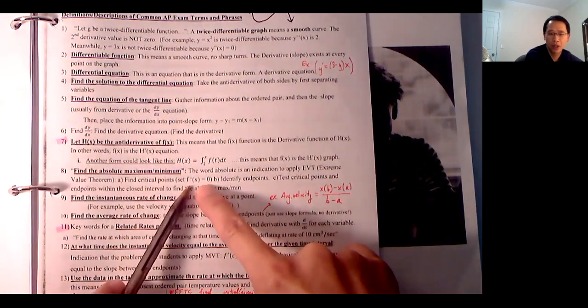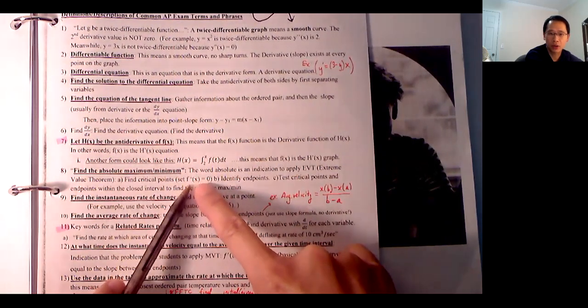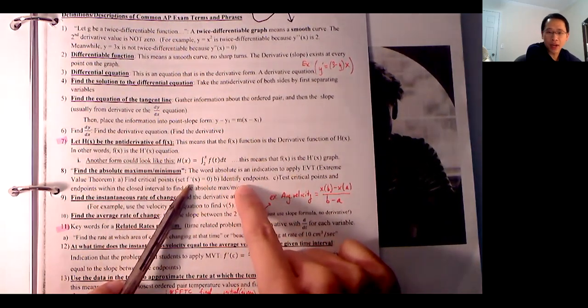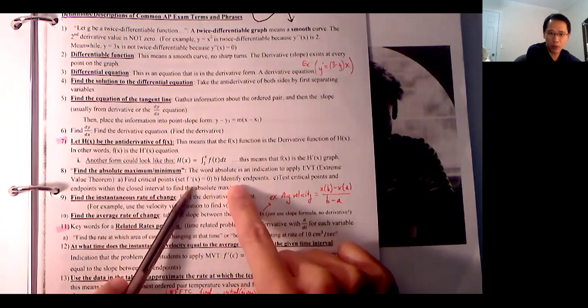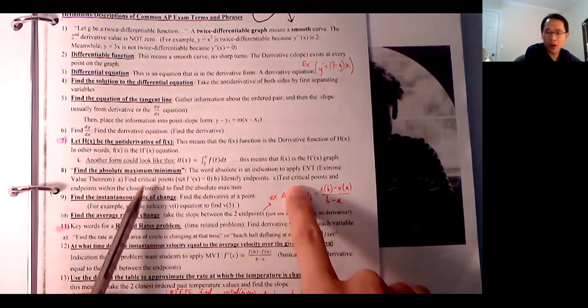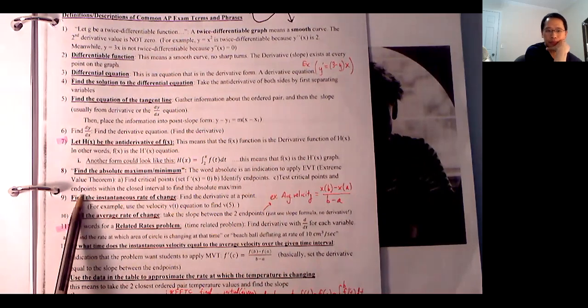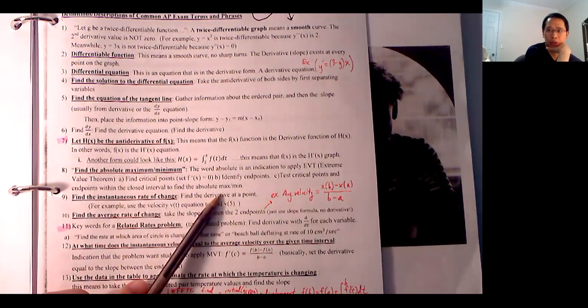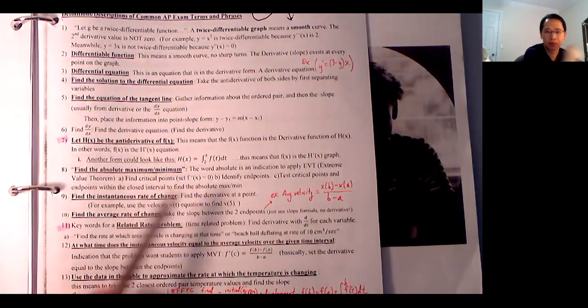You need to somehow set f prime equal to 0, either algebraically or from a graph. Then you identify your endpoints. Once you identify endpoints and critical points, you put them all into the original function and see which one produces the absolute max and absolute min.